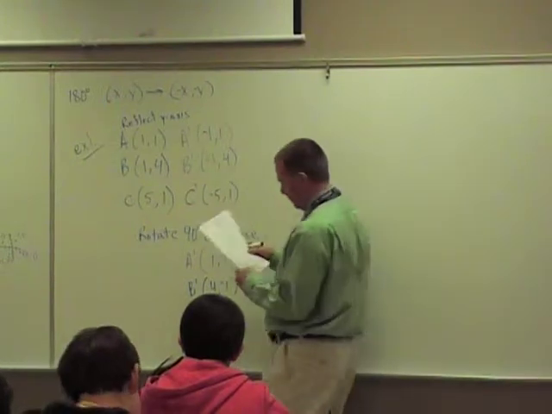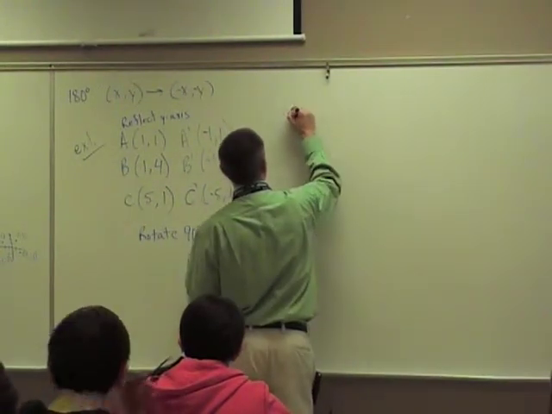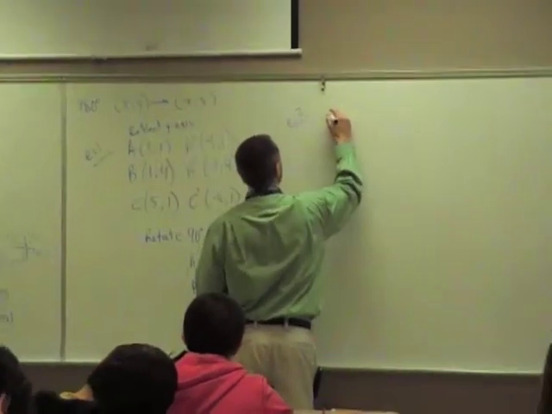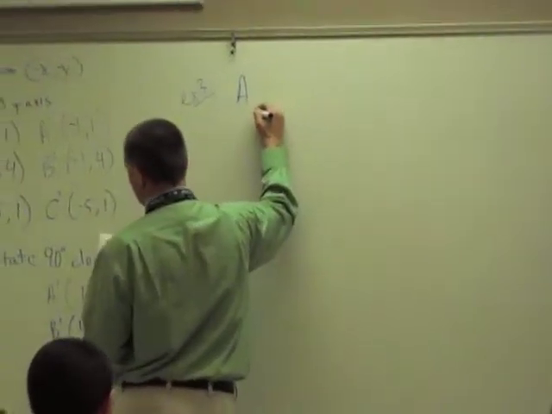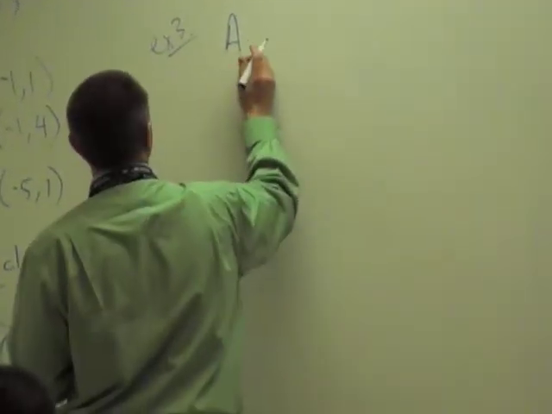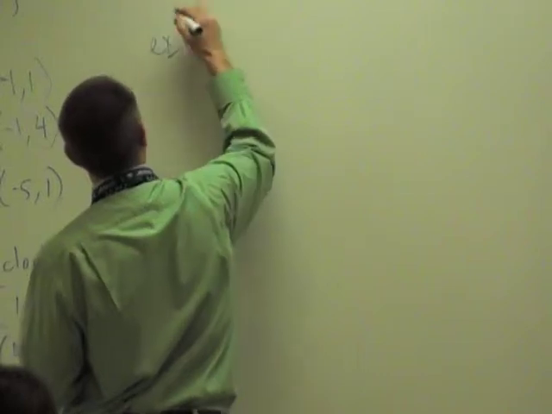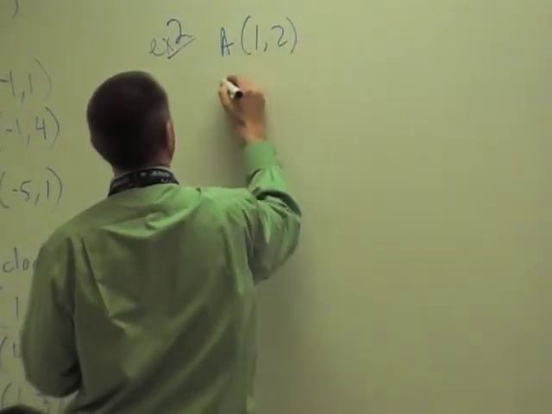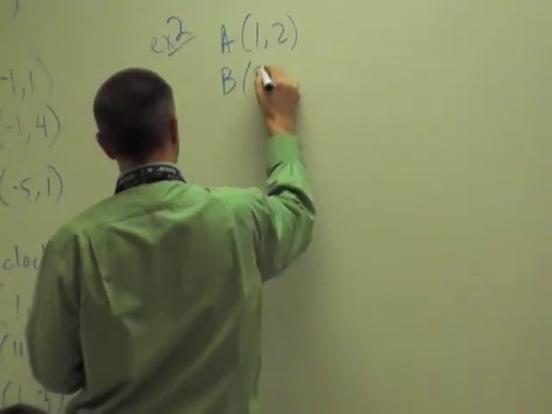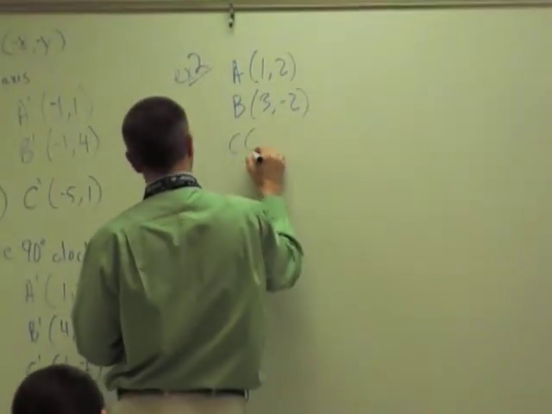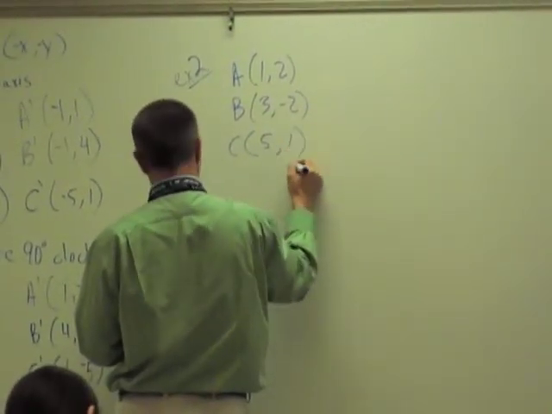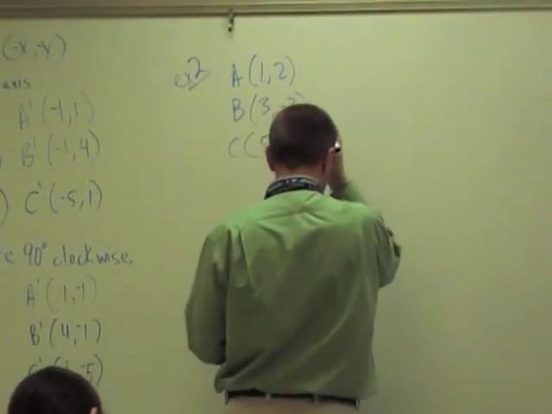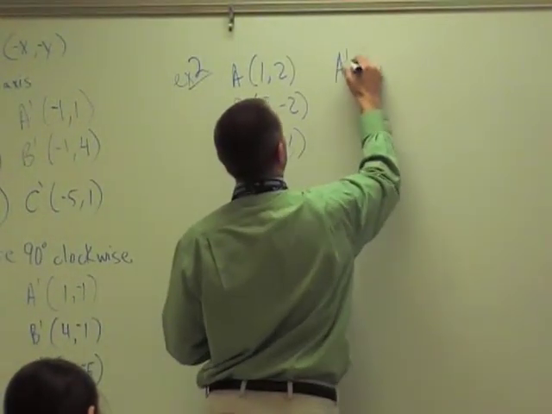All right, example 2. Tell me what happened. Here's A, B is this, C is this, and A prime is now this.